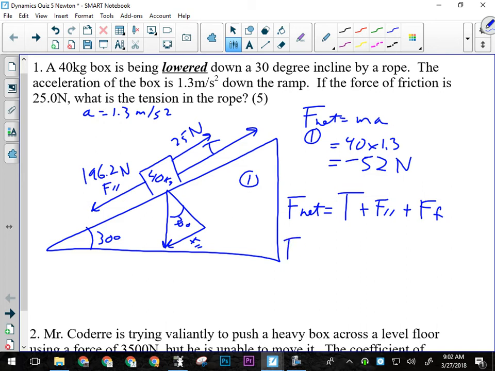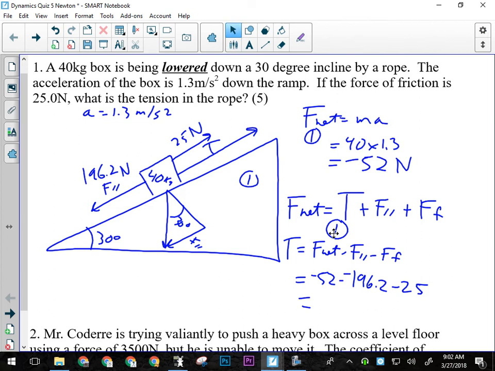So T equals F net minus F parallel minus the force of friction. Give them a mark if they've got a sum of all forces calculation in there. So we're up to 3 marks there. So we've got negative 52 minus negative 196.2 minus the force of friction, which is 25.